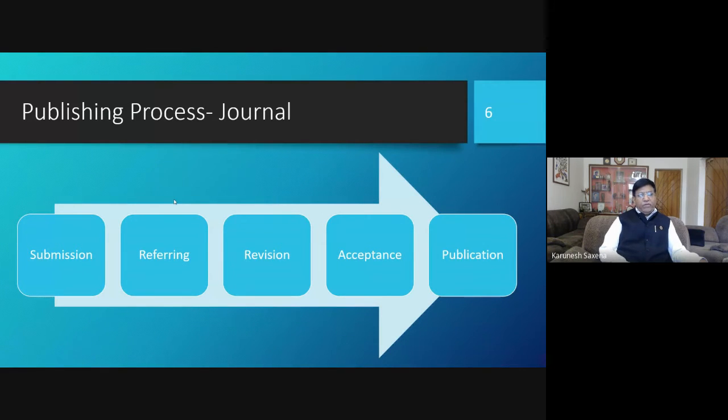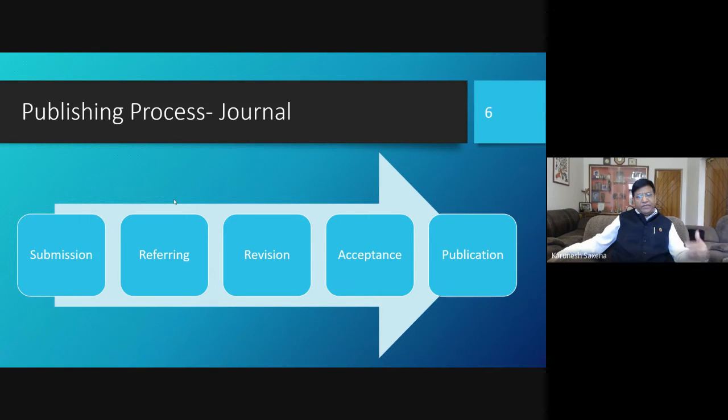About the publishing process, you always know that before writing you have many steps, but when you finally submit, the paper is sent to referees, and referees suggest some revisions. These revisions are very, very useful because these referees are quite senior persons. I am a referee for many journals, including some very good journals published from India and abroad.